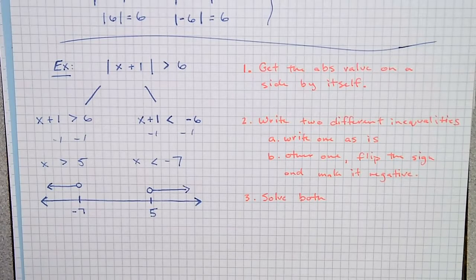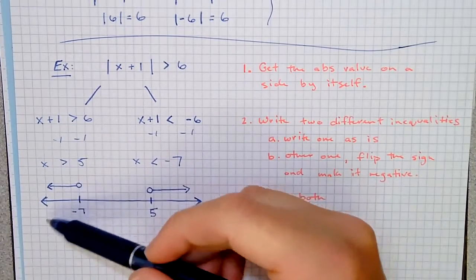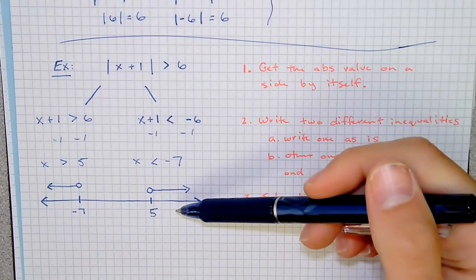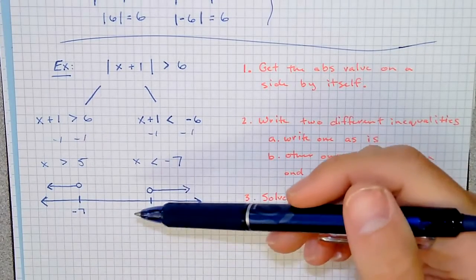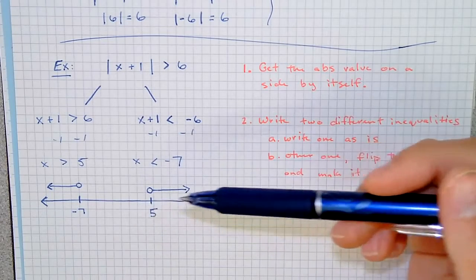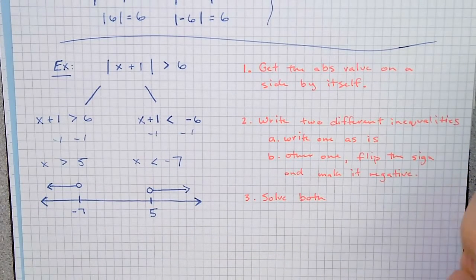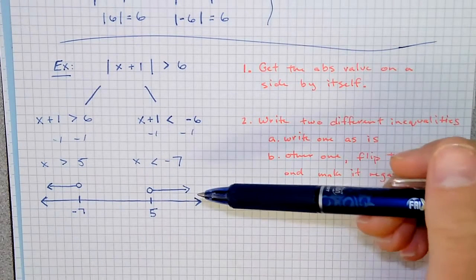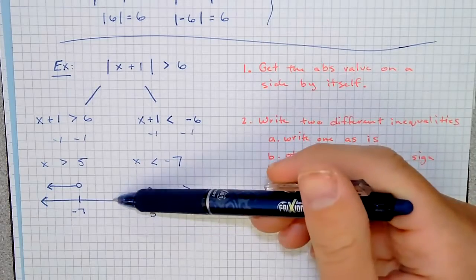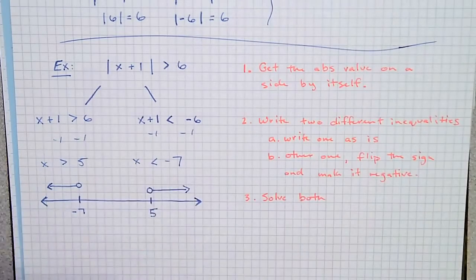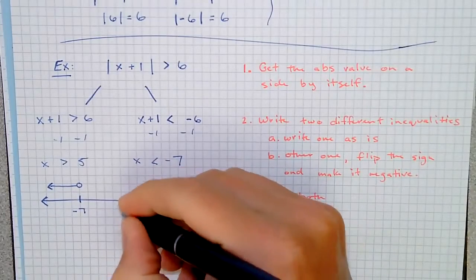And again, we can always check our work as well. Looking at the number line, what would be an easy number to plug in to see if it does not work? Arjun? 0, right? Notice it's not on the shaded region.